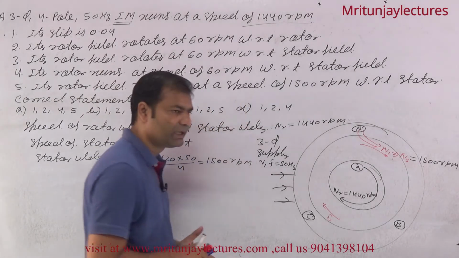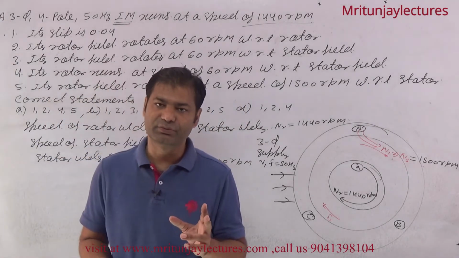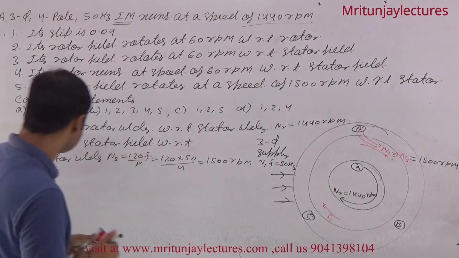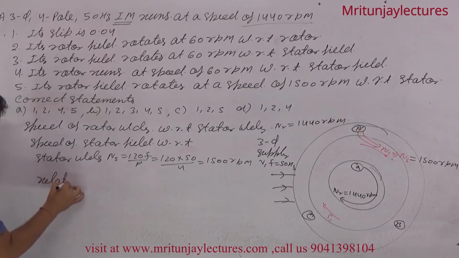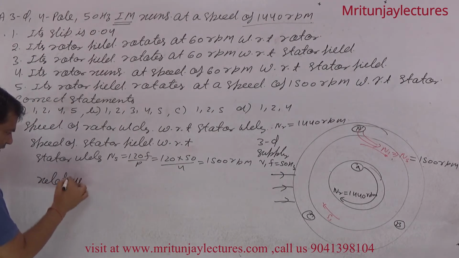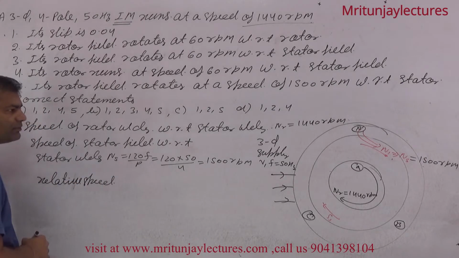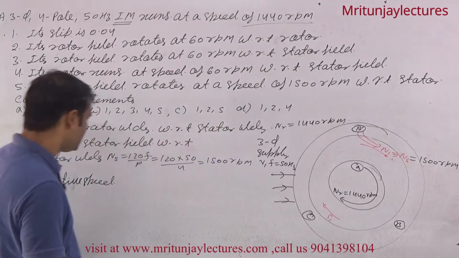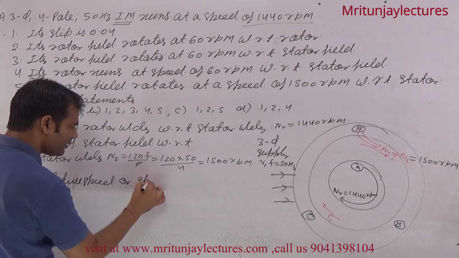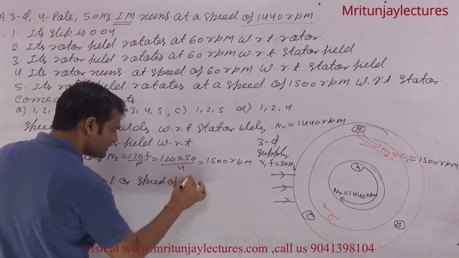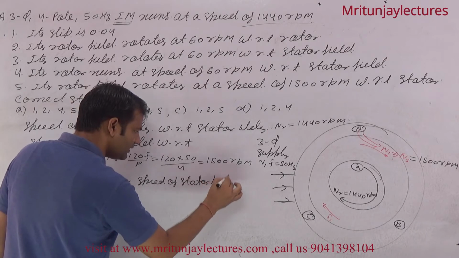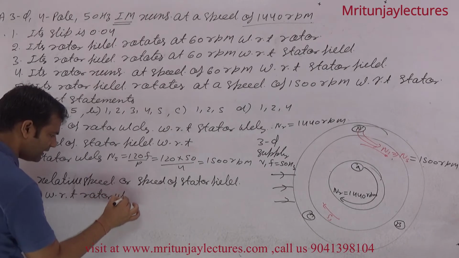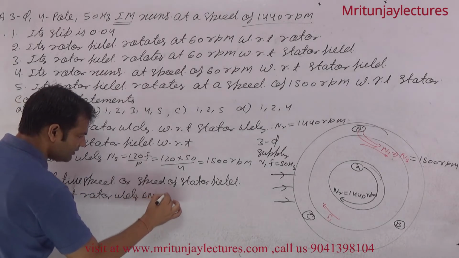Now we focus on the stator field with respect to the rotor winding. What about the relative speed between the stator field and the rotor winding? That is Ns minus Nr, or you can say the speed of the stator field with respect to the rotor winding, delta N, is Ns minus Nr.